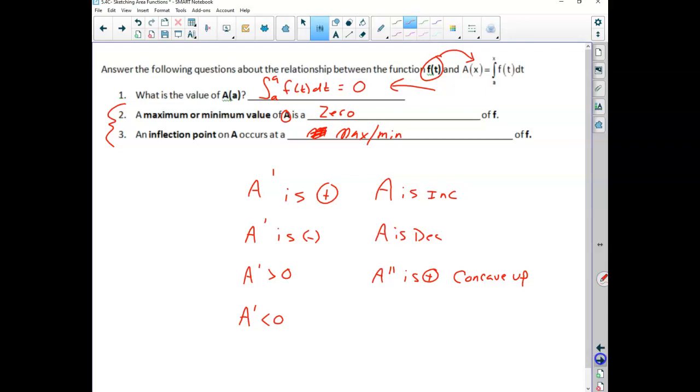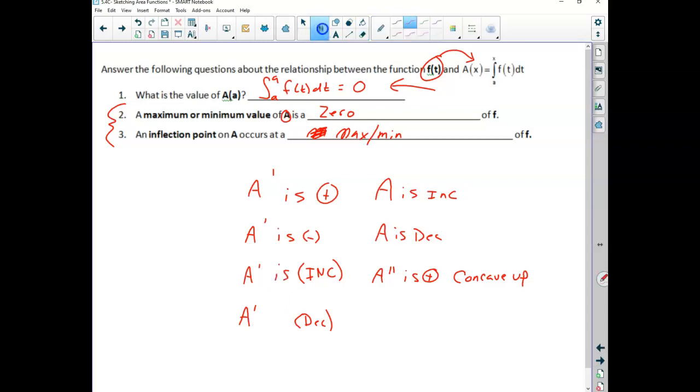Or I guess I'm going to say increasing. If A prime is greater than 0, meaning it's increasing, meaning it's decreasing, not the value. So I guess I better justify that appropriately.